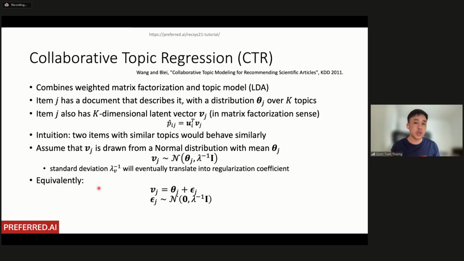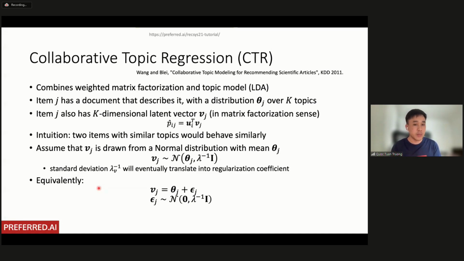The assumption is that they want to pair it with matrix factorization, and the intuition is that two items that share similar topics should be recommended similarly. For example, some researchers focus on a particular topic, so they want to read articles that come from the same kind of topics. Another assumption is that the latent factor of the item shouldn't vary too much from the topic distribution learned from the text.